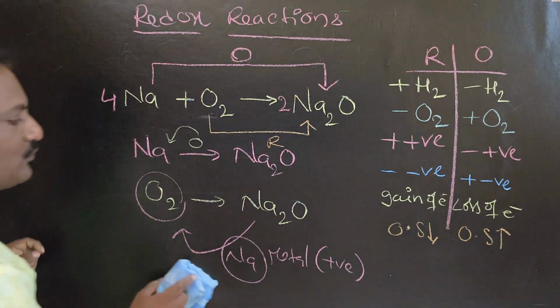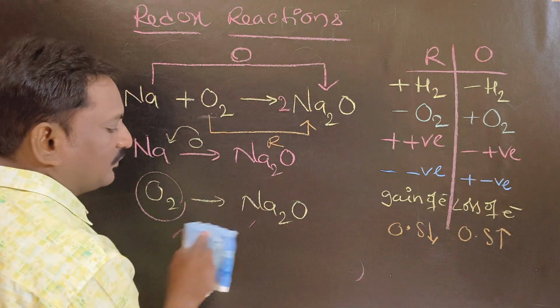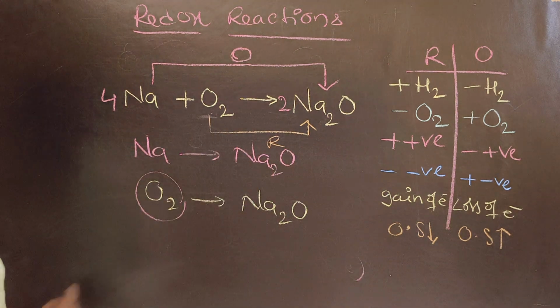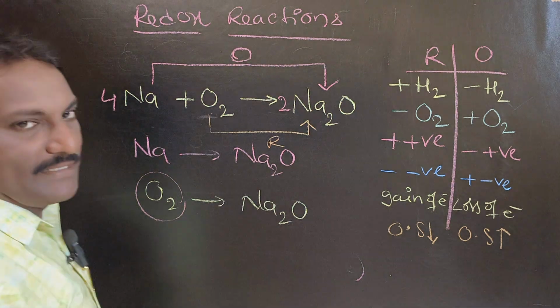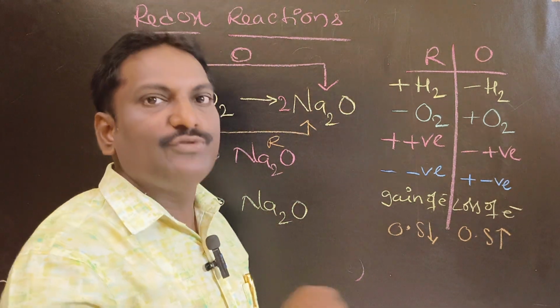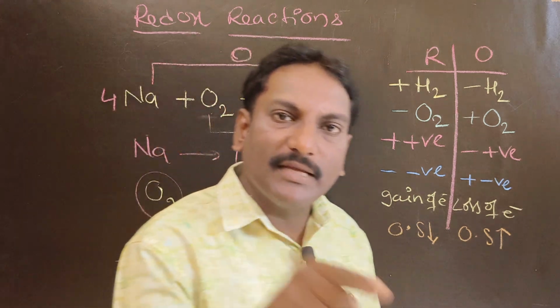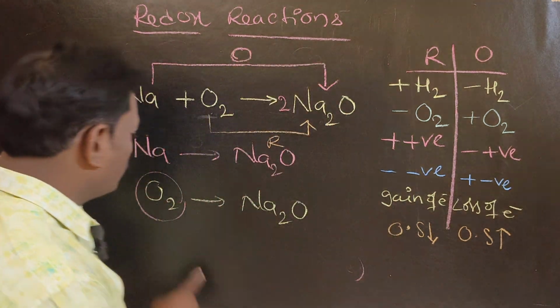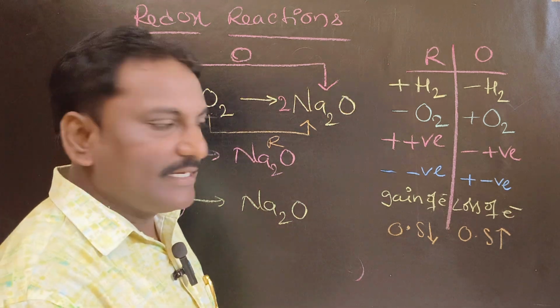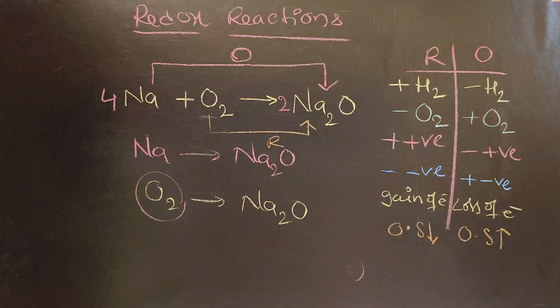We need to identify which one is getting oxidized. Here sodium is getting oxidized. Sodium is going to convert into sodium oxide. That means sodium is getting oxidized. Which one is getting reduced? Oxygen is getting reduced. The second category is also completed.